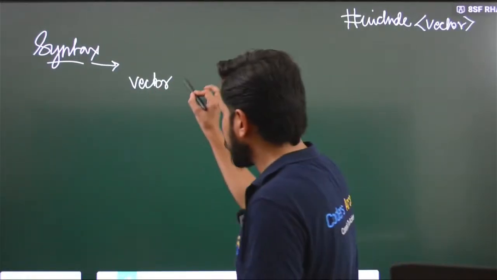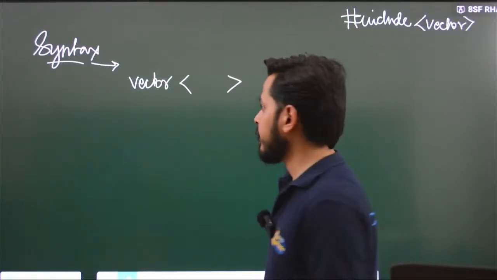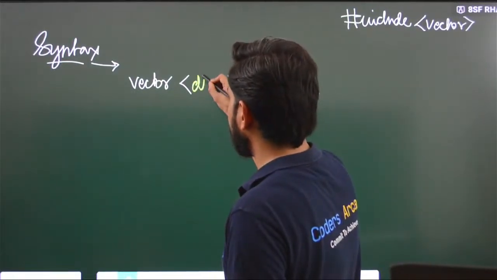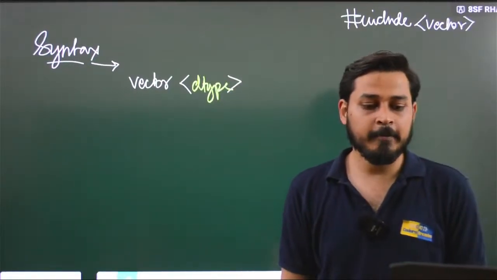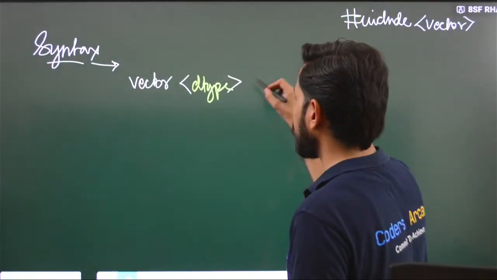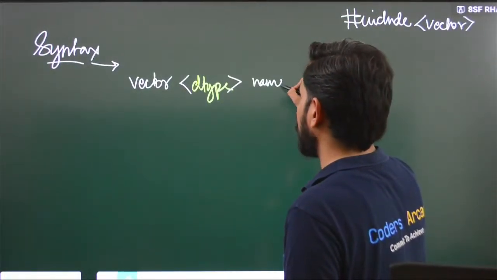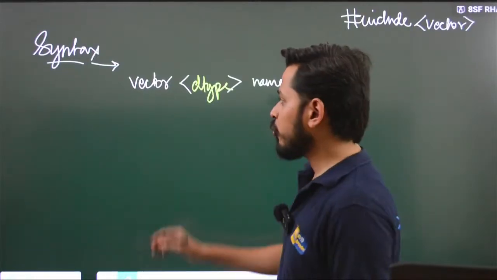and then in the angle brackets, I give the data type. After giving the data type, here I will give the name of the vector. How do you create a normal array?